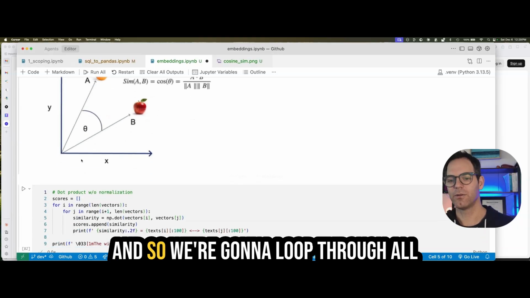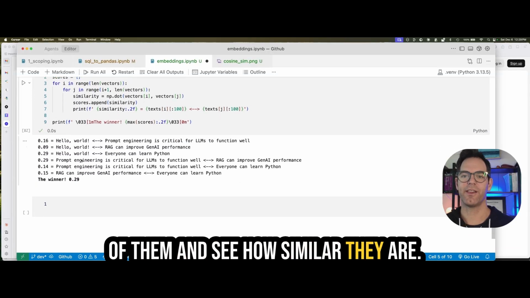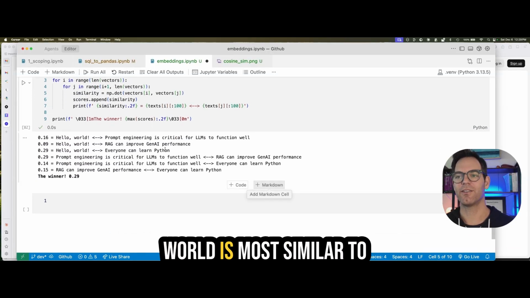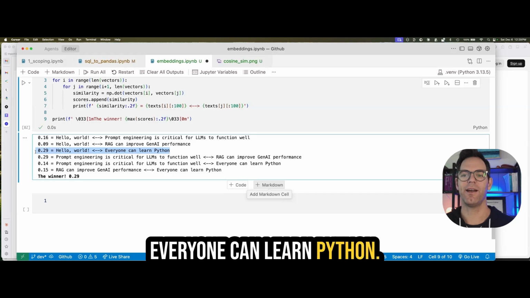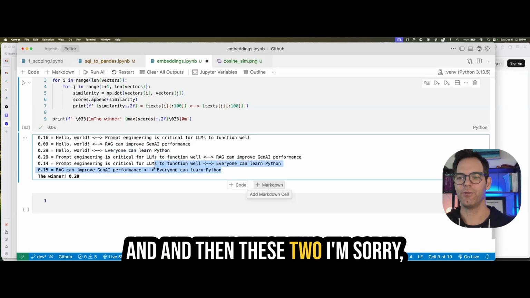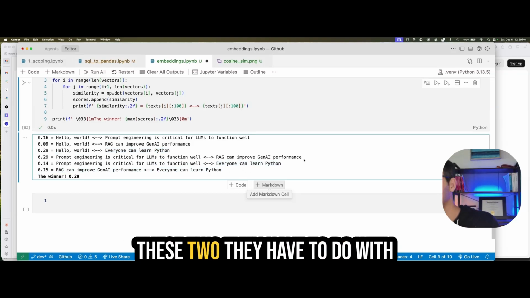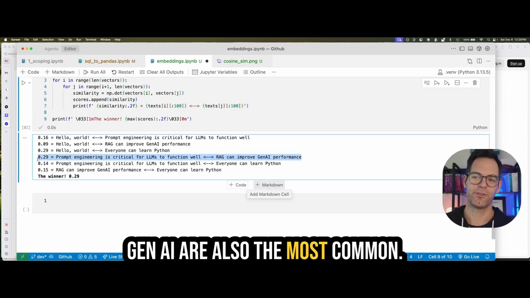And so we're going to loop through all of them and see how similar they are. And here you can see hello world is most similar to everyone can learn Python. And then these two, they have to do with GenAI, are also the most common.